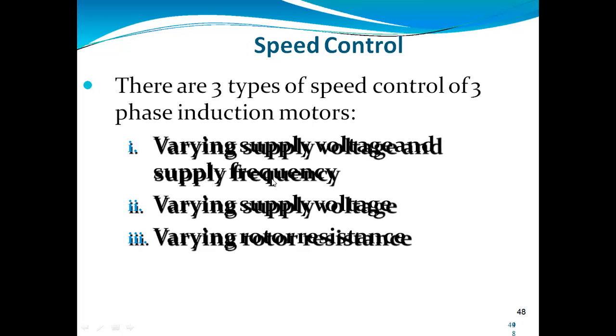In short, the speed of the three-phase induction motor depends on the supply frequency. Instead of varying both, we can vary only the supply voltage, and that time also we can control the speed of the three-phase induction motor.